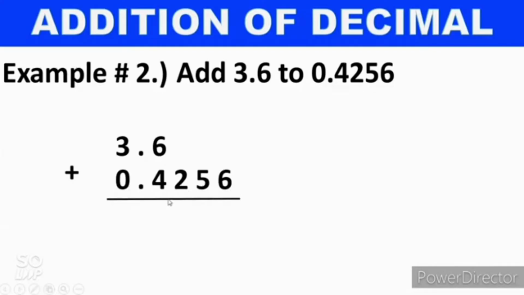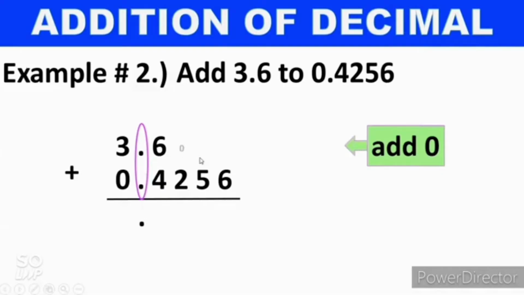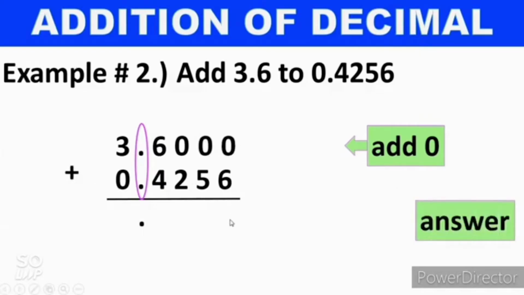Again, the decimal points must be aligned. It must be on the same line. The next step is to add 0. We have 3.6, it becomes 3.6000.